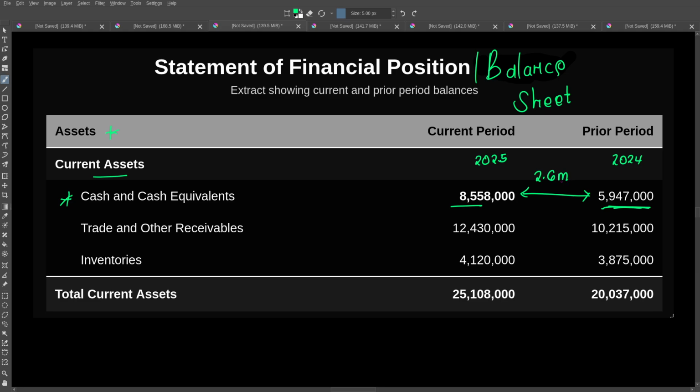We want to see what the cash inflow into the business and the cash outflow were during that period to bring about this balance of 8.5 million. You will notice there could have been payments and also receipts, because you're buying and selling. That is what the statement of cash flows shows.